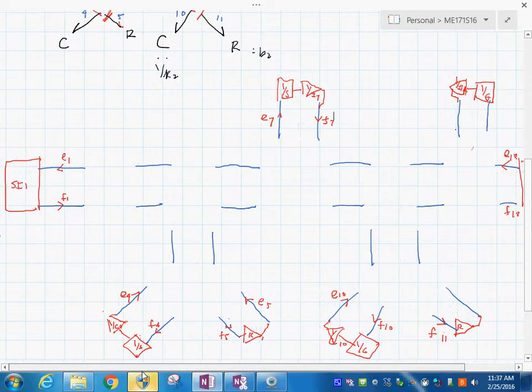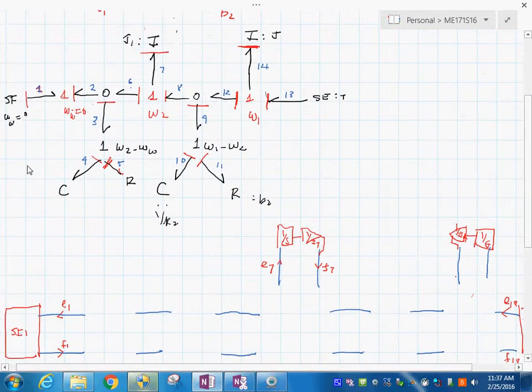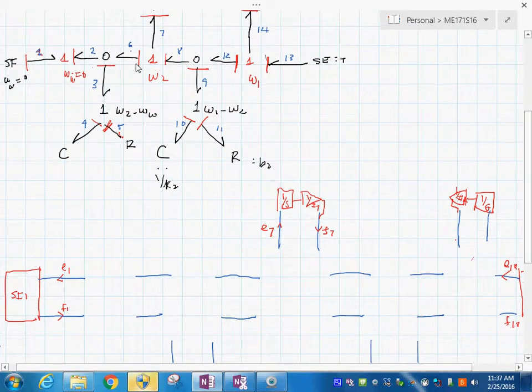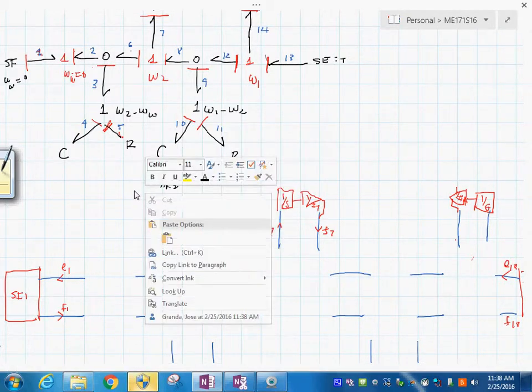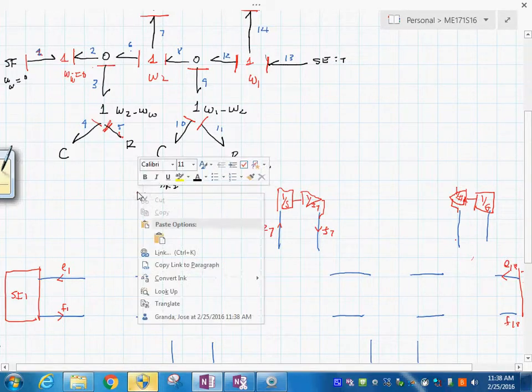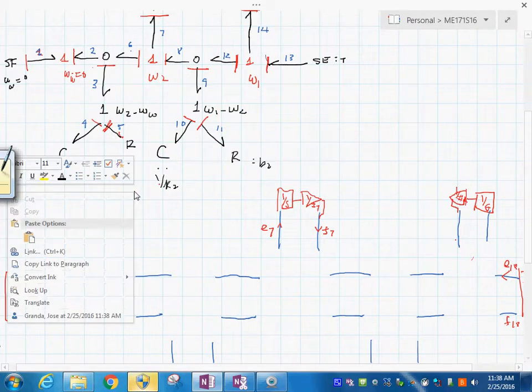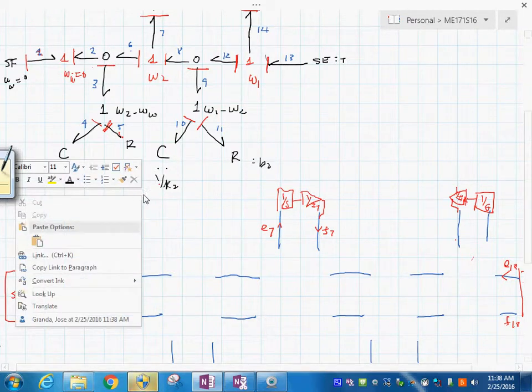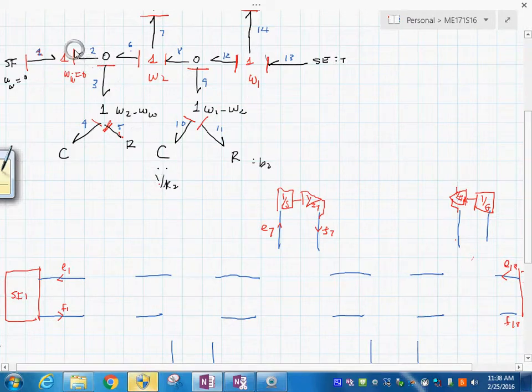The one that is right here, all the flows and the efforts are the same, so we don't need to add anything other than write down in here that this is coming into the junction, you have that this is E sub 2 and this is F sub 2. Yeah, and in here all the efforts and the flow are the same, so this gets connected like this, see? Right there. But on this one right here, that's a whole different deal.